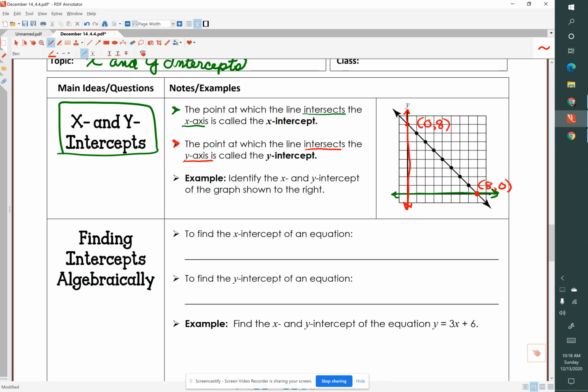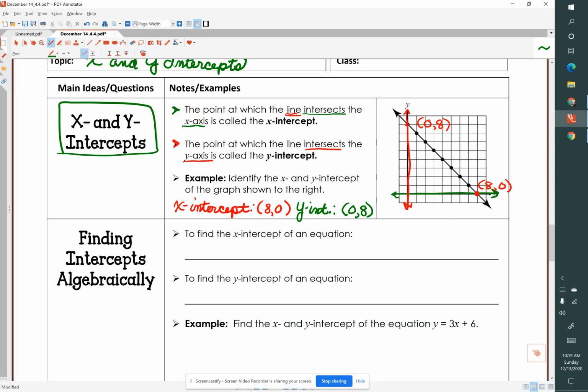So the x-intercept for this linear equation, remember linear equation has the word line in it, the x-intercept of the graph that you see to the right is written like this. It's (8, 0). The y-intercept, I'm going to abbreviate it this time, is (0, 8).